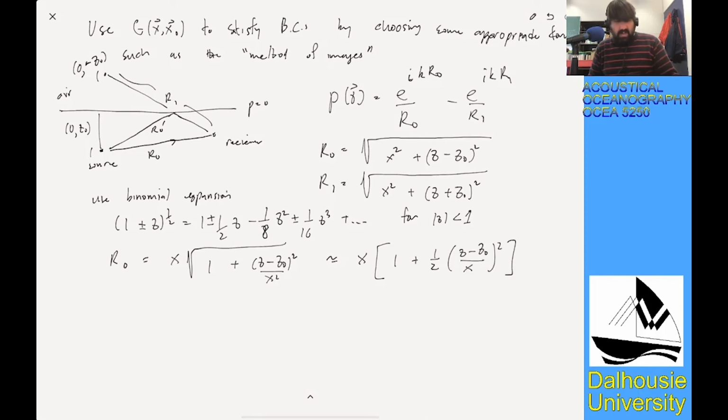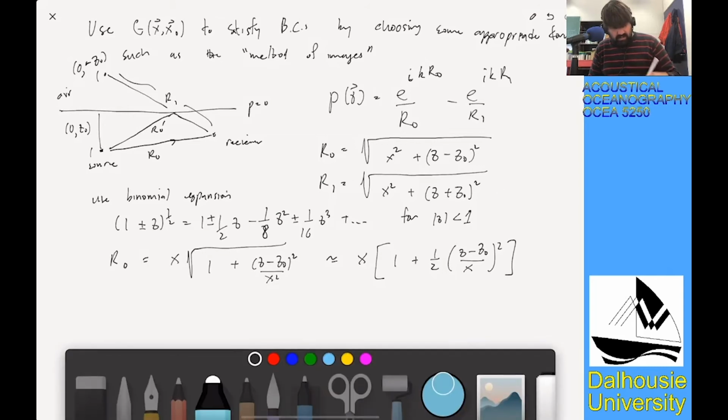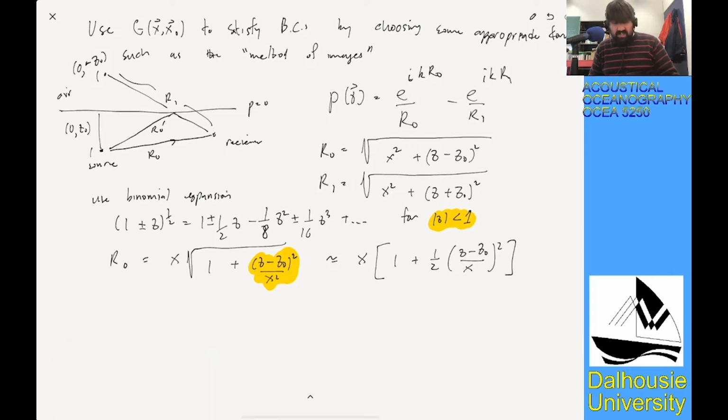Okay, and what is the assumption we've made here? Well, we need this argument to be small, right, in order to satisfy this. So we need the range to be much larger than the depth. And I think it's intuitive that this works for shallow sources in the ocean. Okay.